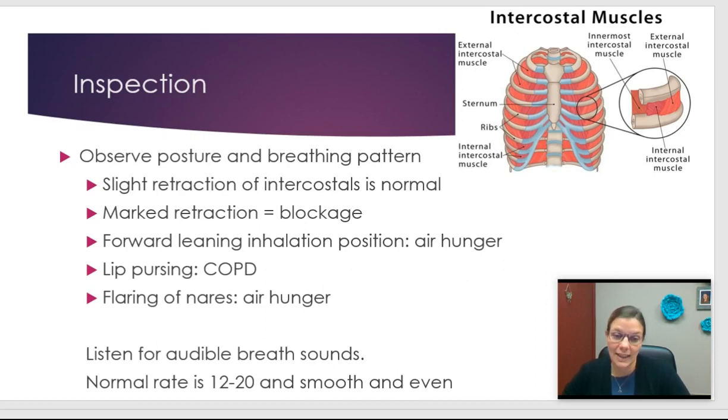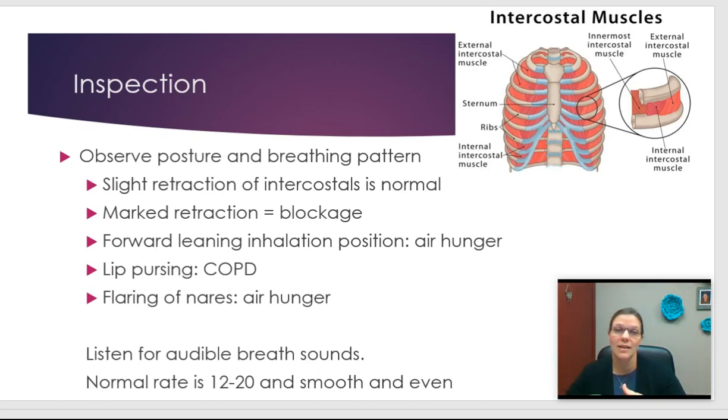If a person is forward leaning, for inhalation, they're suffering from air hunger, where they feel like they can't get enough air. If a person is pursing their lips, they might be suffering from COPD. And if they're flaring their nostrils, they might also be feeling air hunger.